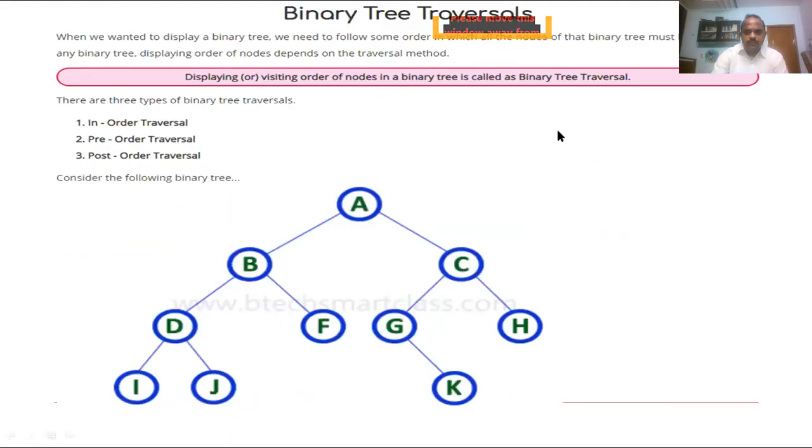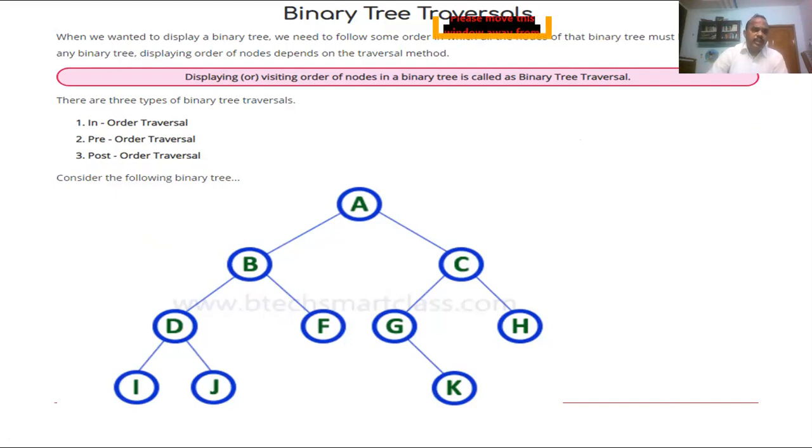Our next one is binary tree traversals. Binary tree traversals, all of you. When we want to display a binary tree, we need to follow some order in which that binary tree must be displayed.